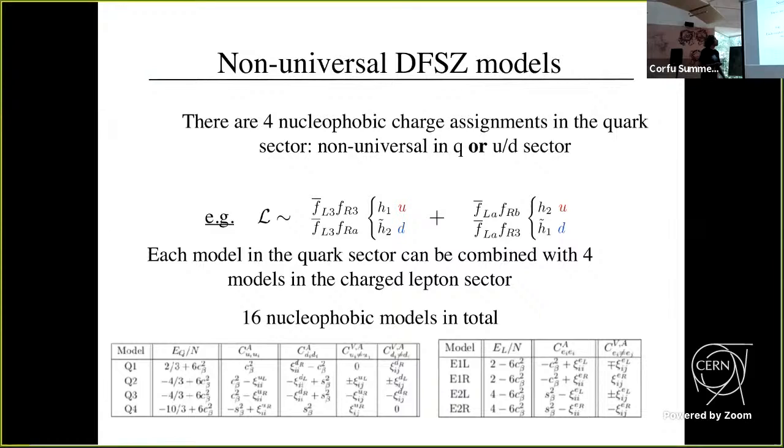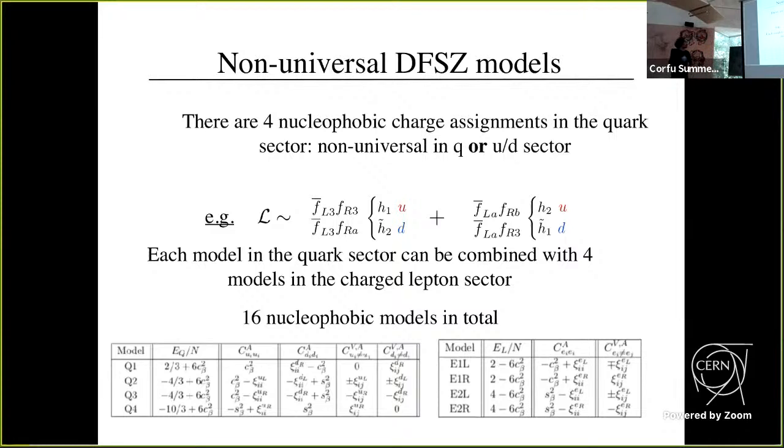I cannot go much into detail with the models, but just to say that there are 4 charge assignments leading to nucleophobic models, depending on whether Q or U is universal. So basically, different models depend on how given quark bilinears couple to the Higgs doublets, whether to one doublet or the other one.